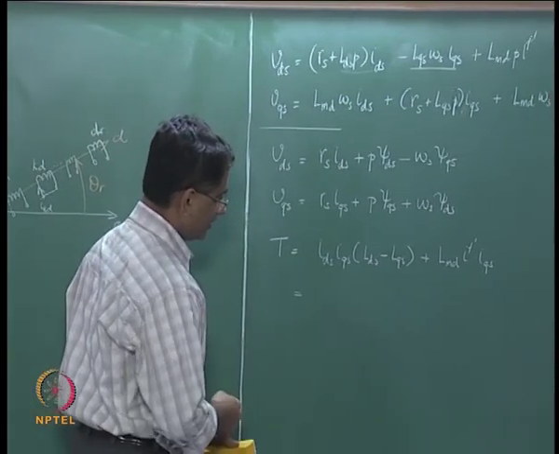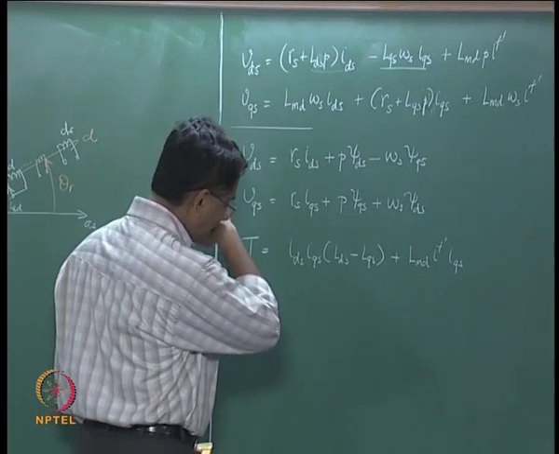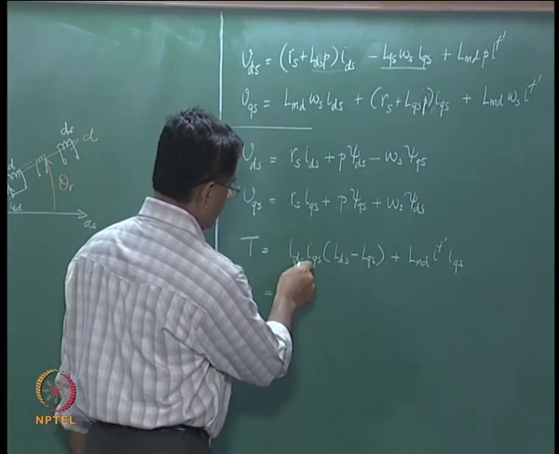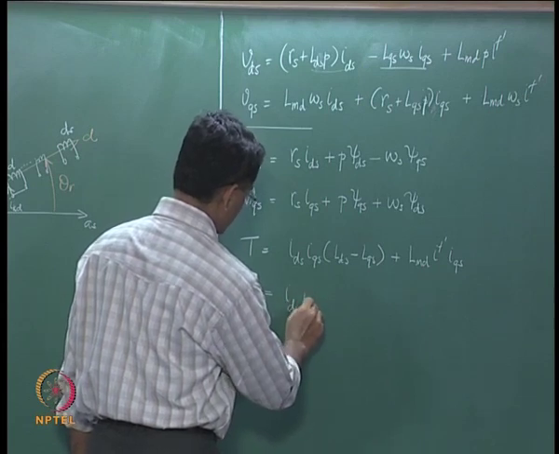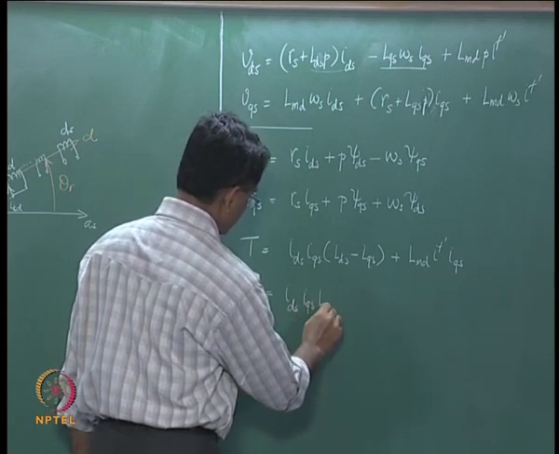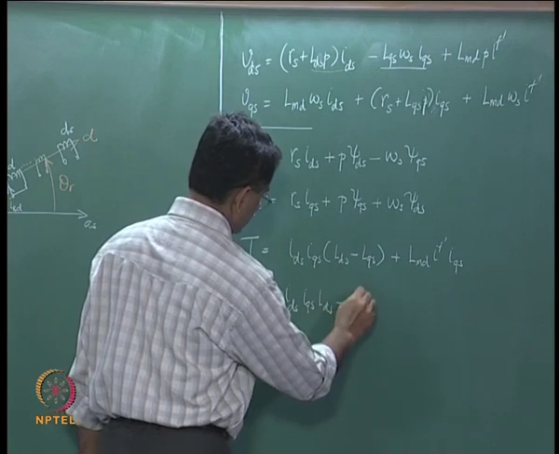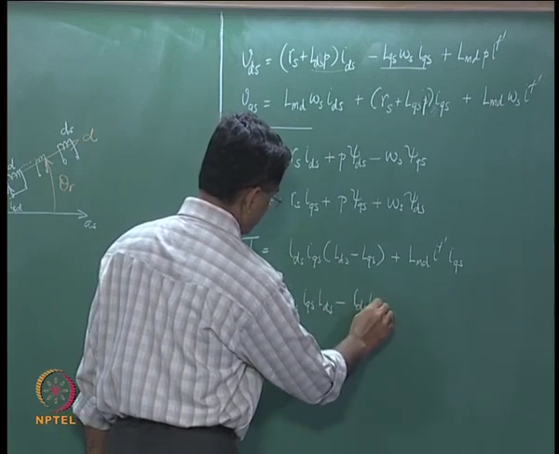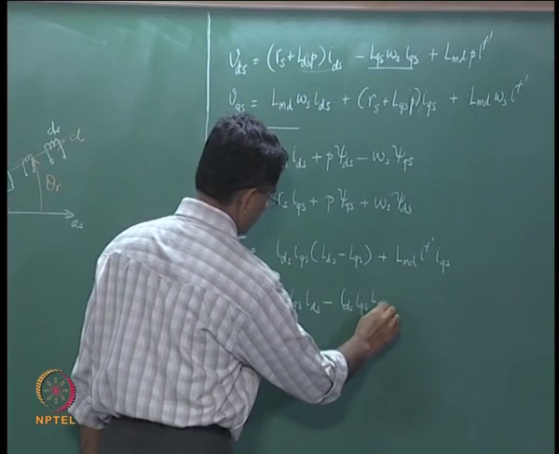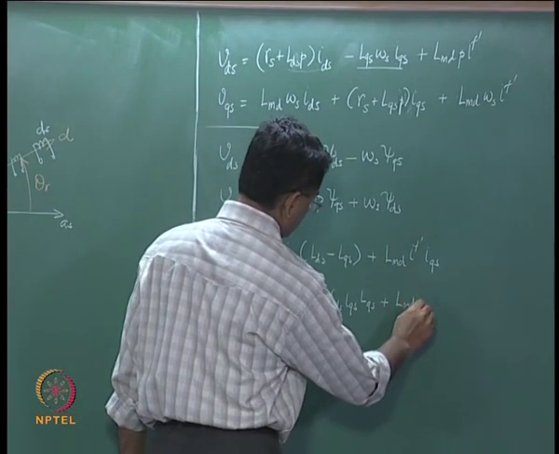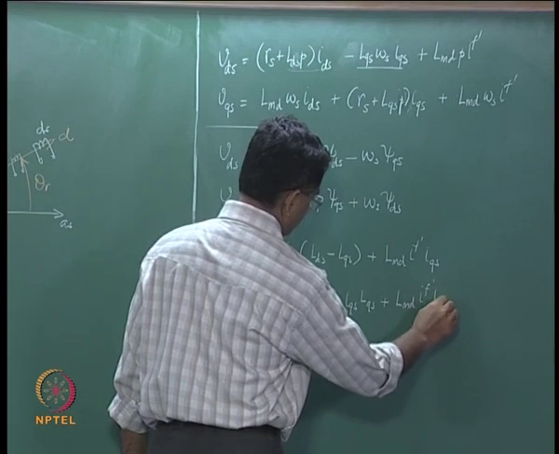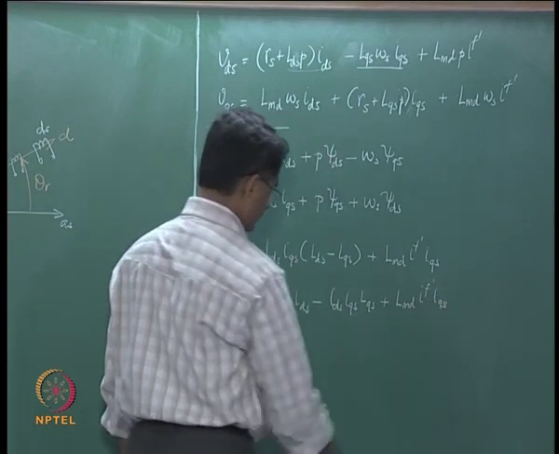This can be written as, now let us split the terms, IDS IQS into LDS minus IDS IQS into LQS plus LMD into IF dash into IQS.